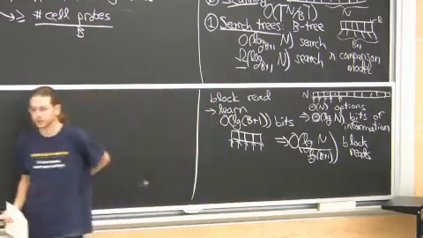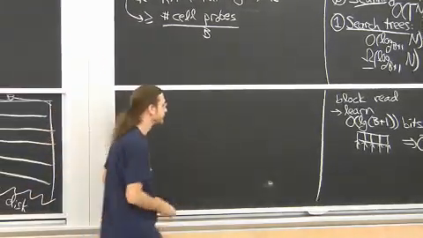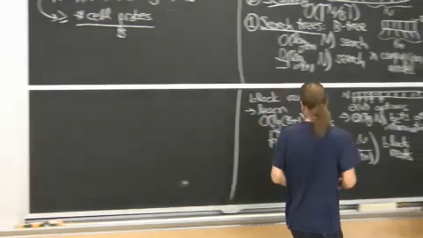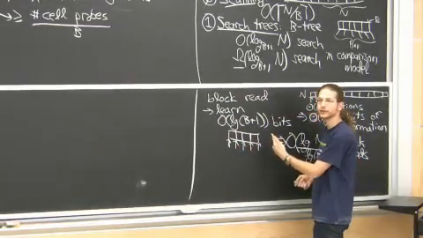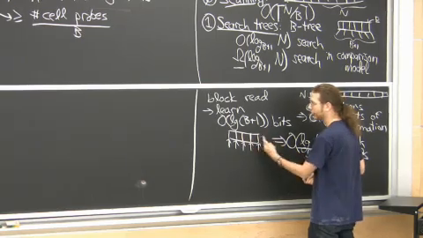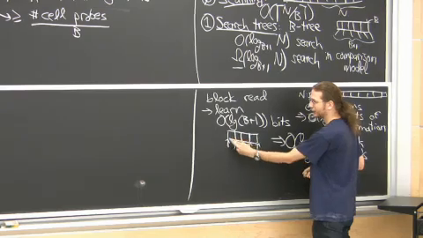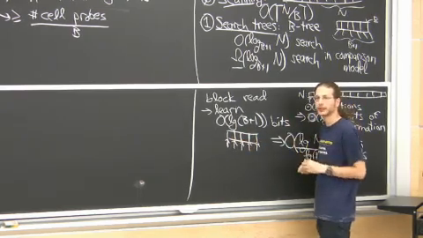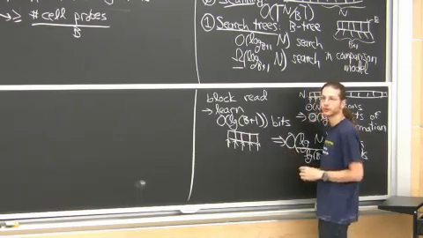Question: why is it that you learn log of b plus 1 bits when you look at one block? All right, so the claim is in the comparison model, you compare your item to everyone in here. But if your array is pre-sorted, then information theoretically, all you're learning is where your item fits among these b items.